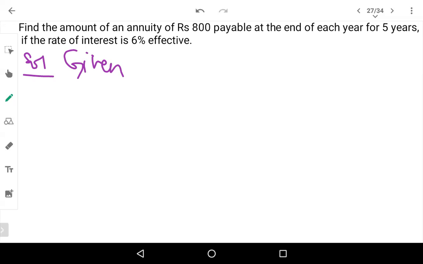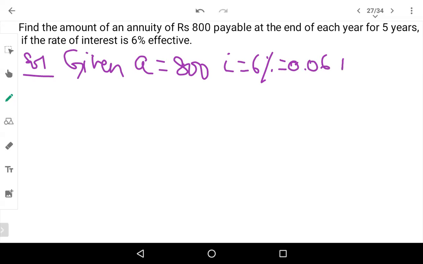So let us write down what all is given to us. A, that is the annuity amount, is 800, and then i, which is 6%, is nothing but 0.06, and then the number of payments or number of years is 5, and we are supposed to find out the total amount.